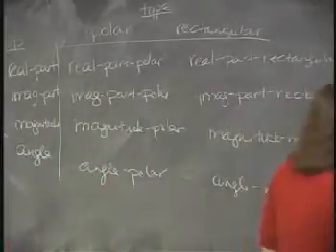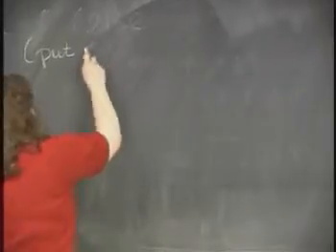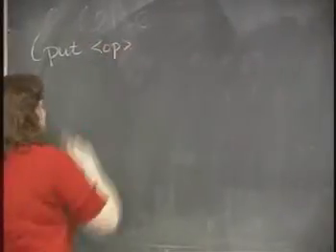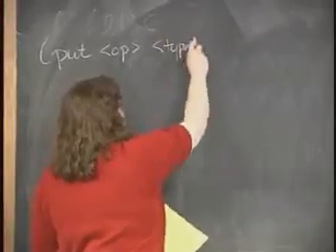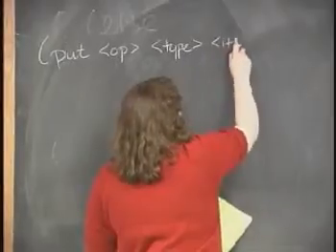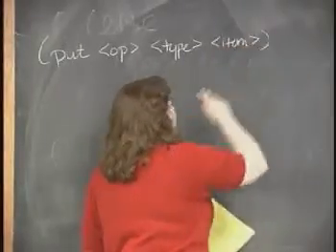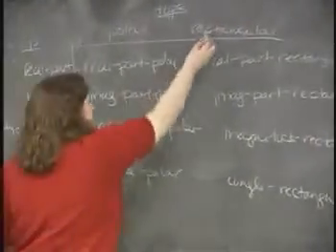So to put things into the table, we have a procedure called put. And you put the operator, the type, and then whatever item you want to have in that slot of the table. So let's say we wanted to install real part rectangular as our real part type rectangular.